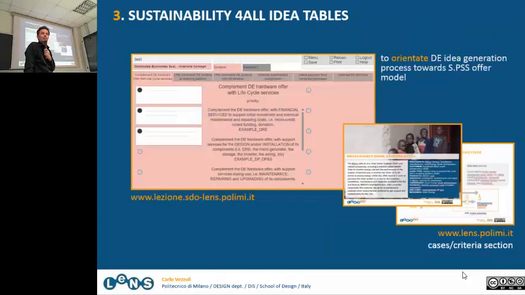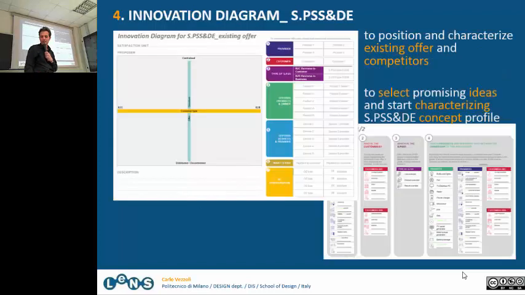As I said, we have recently developed some guidelines related to the 6 idea tables with 6 criteria, those that Cheng presented to you in relation to some examples. These guidelines are embedded in the tools to help you generate ideas and address your idea generation towards promising ideas, and we have embedded them into the SDO toolkit as well.